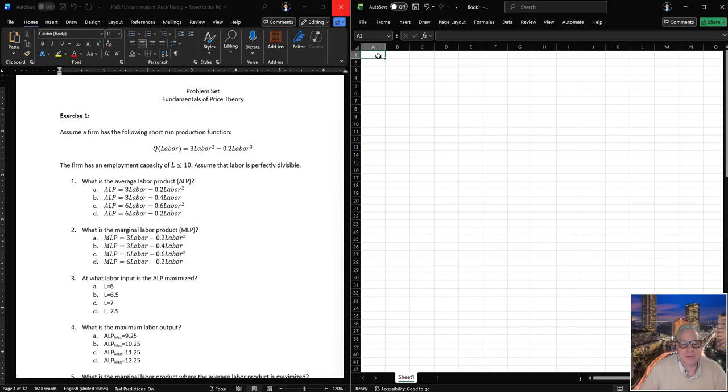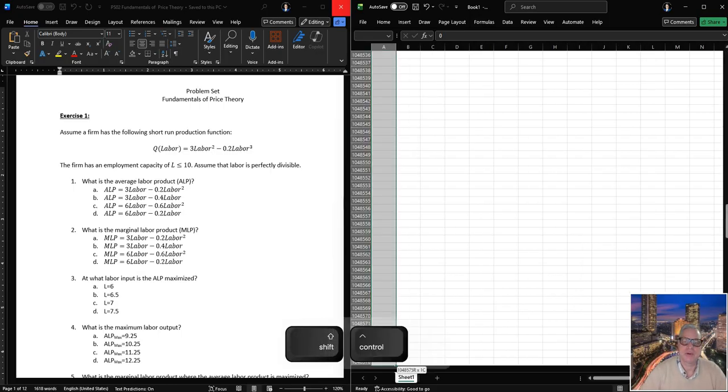So let's first draw it, and we want to put labor on the x-axis. You can see I have activated my keystroke so that you can see what I do in Excel. The first thing we do is create a column that starts at 0 and goes down to 10.